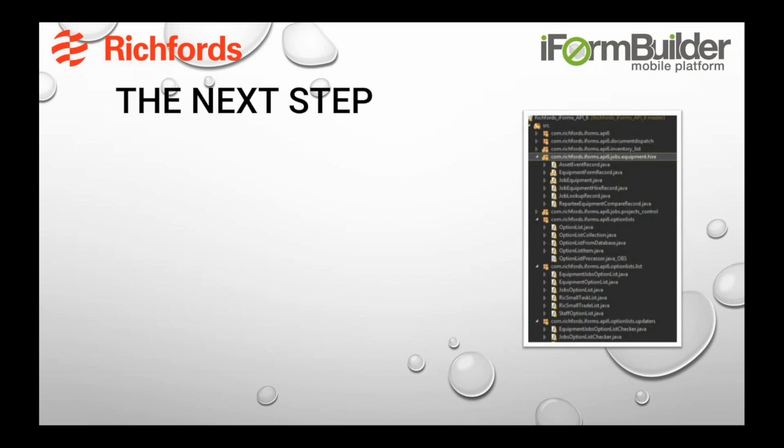After that, our next step, really, the effort was to implement a framework to make developing through the API a lot smoother and a lot faster. Developing forms is quite rapid through iForms, but integrating with the API, I would say you need a framework in order to develop at an equally rapid pace.